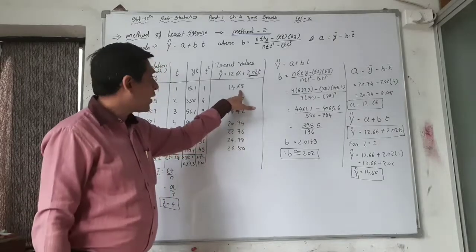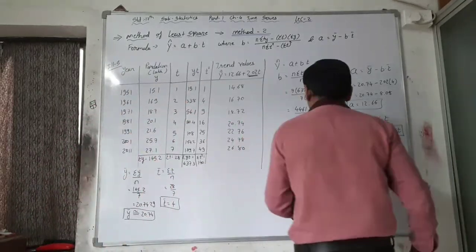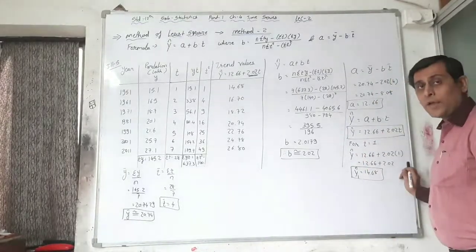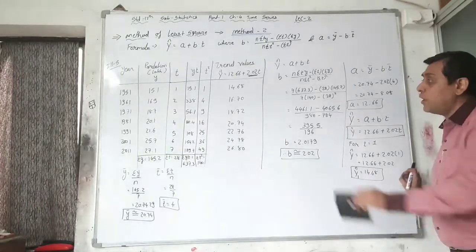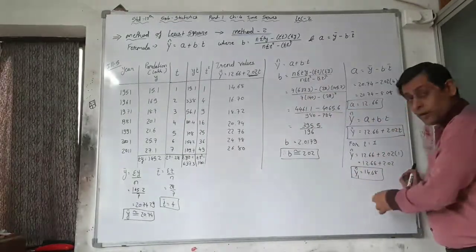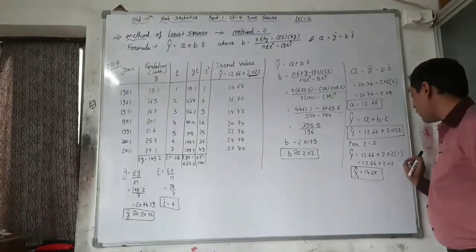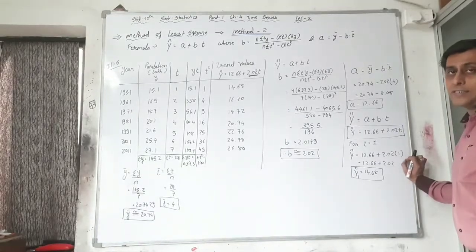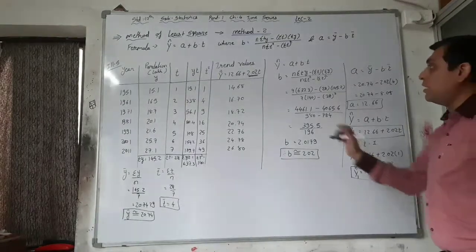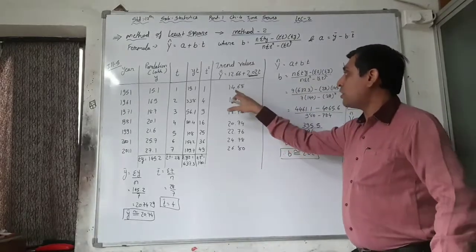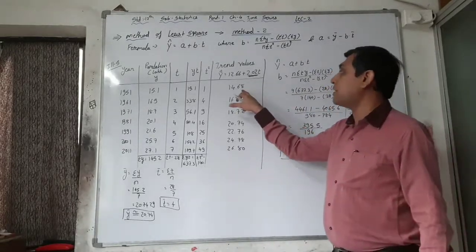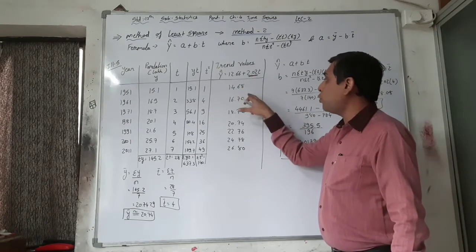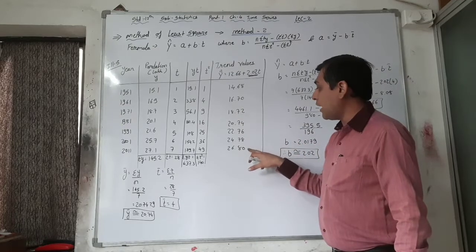We write that down, and similarly we put t is equal to 2, 3, 4, 5, 6, 7, find the values and put them into the table. We just wrote the first value, 14.68, then added this b, 2.02, to each and every year and found the next year's value.